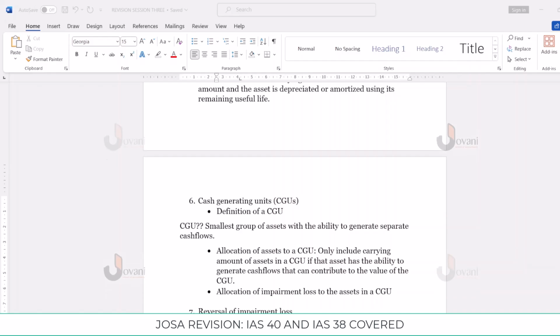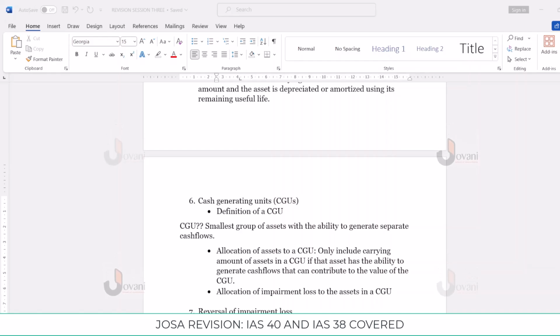Yes, an individual player can be part of a CGU, because when we consider individual performance of the team, they have a contribution. But we can't say that an individual player is a CGU, but a group of players becomes a CGU.